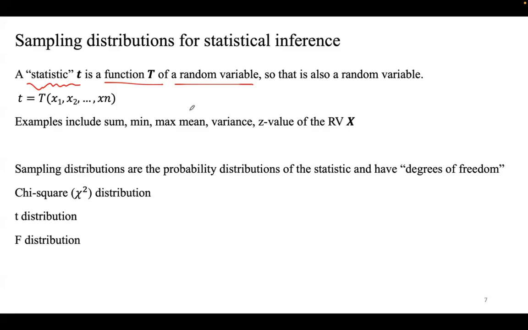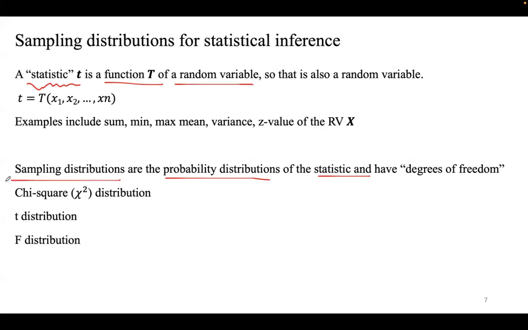Now these statistics will have a probability distribution because they are a random variable. They'll follow some pattern. We will call them sampling distributions. The pattern, the probability distribution, is going to be called sampling distributions. It's just how they are named, because they are used for samples.